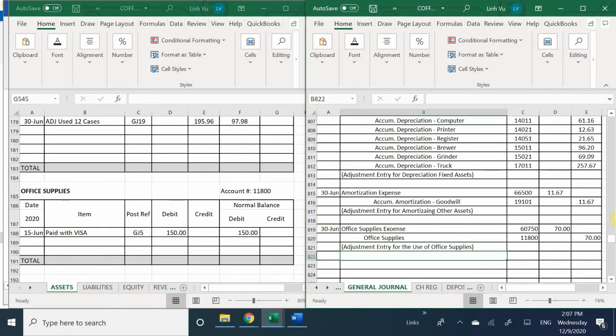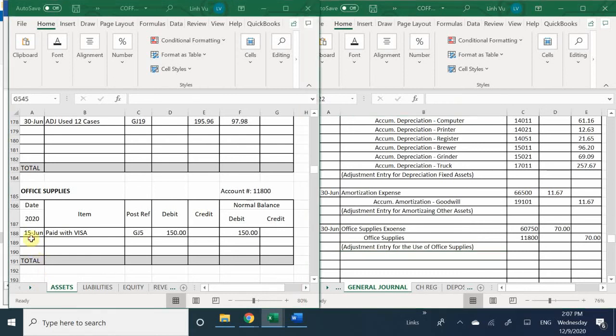While we're here, we can just do that office supplies, the 11,800 account, right? We put the date, January 20, and that's credit 70.